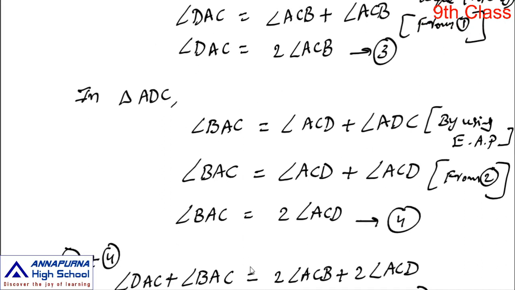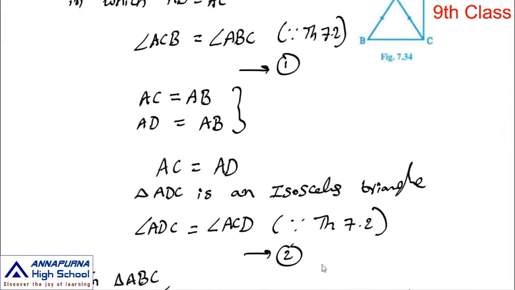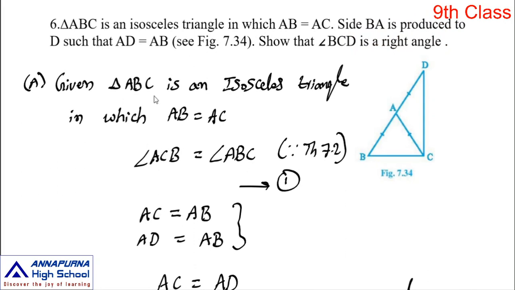See the figure. Angle DAC and angle BAC are a linear pair of angles, whose sum is 180 degrees.